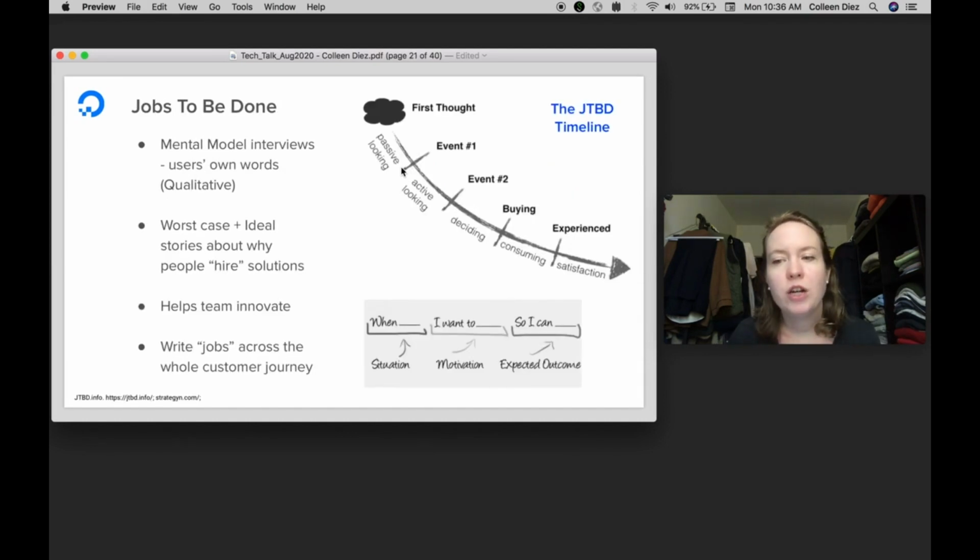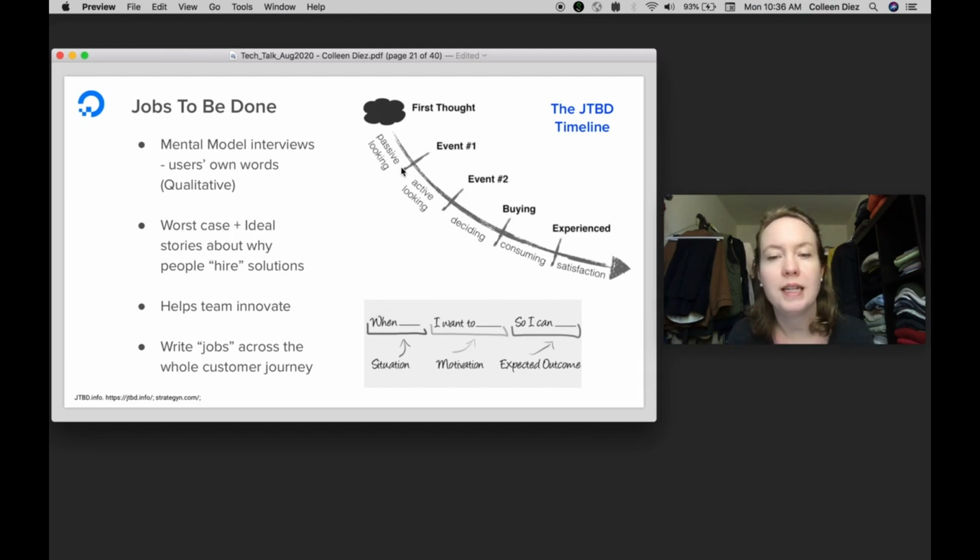I also mentioned jobs to be done. This is a very common method that we have used here at DigitalOcean, and it's a really great way for understanding the real world scenarios that your customers are going through. So these essentially are mental model interviews that are capturing users' own words.